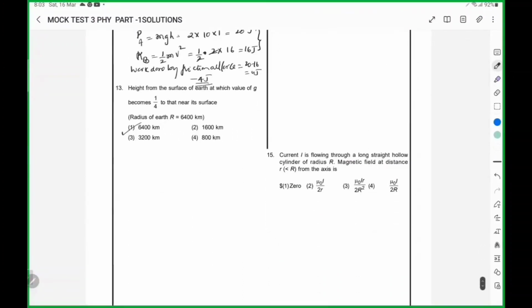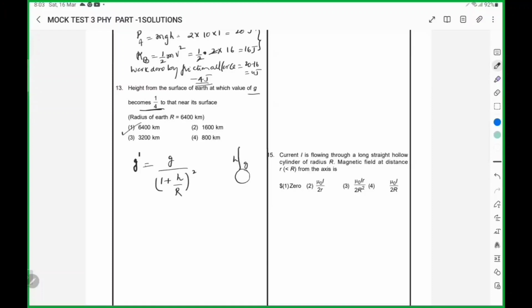Now, height from the surface of the earth. At a height, acceleration due to gravity changes with respect to distance from the center. As we go away from the surface of the earth, at a distance h from the surface, acceleration due to gravity is this. He says the value of g is 1 by 4 of g near the surface.